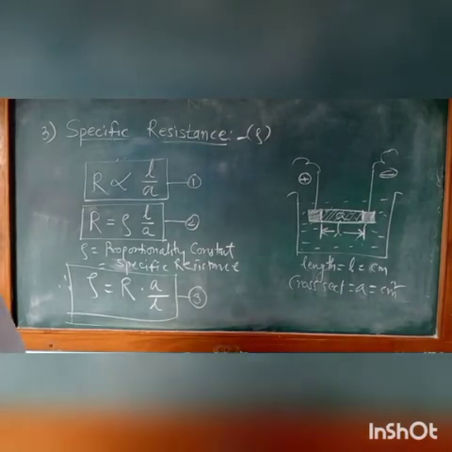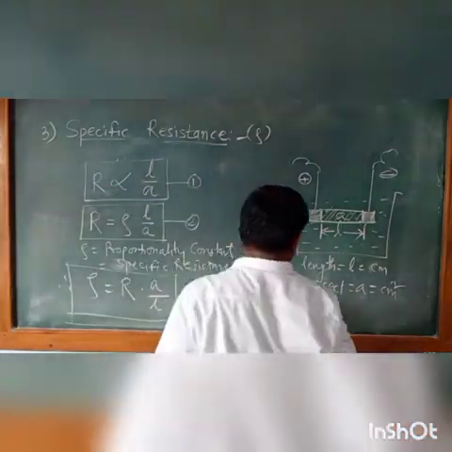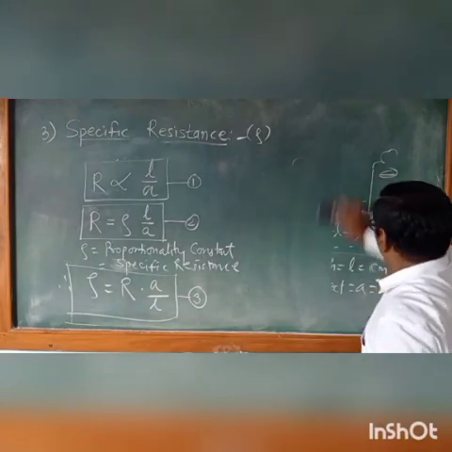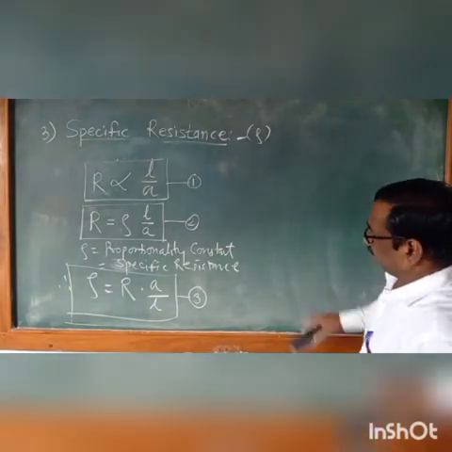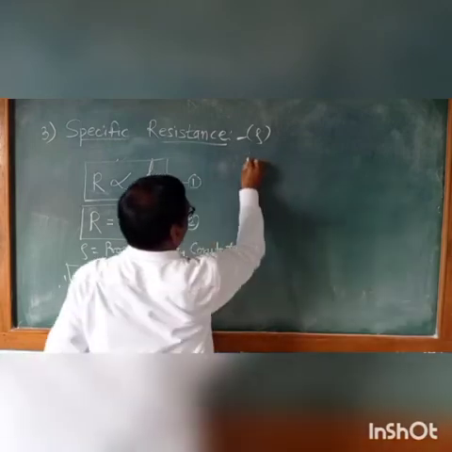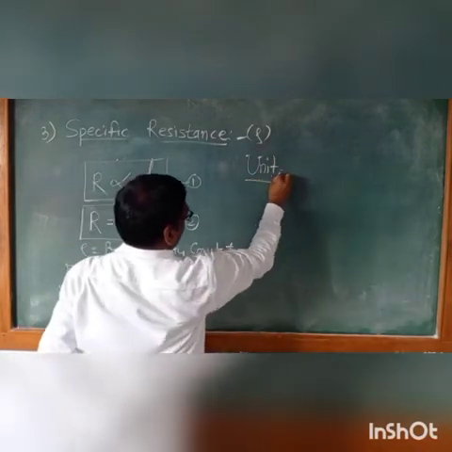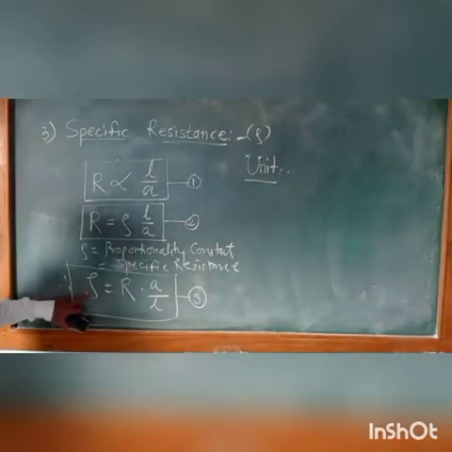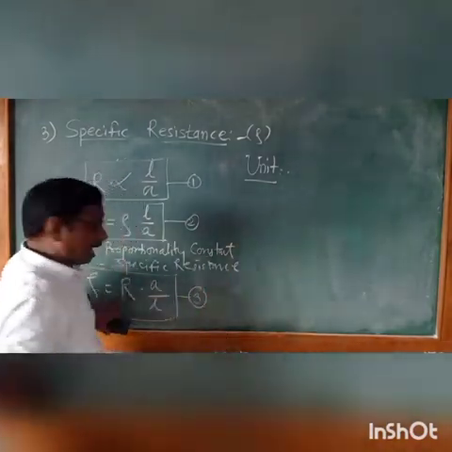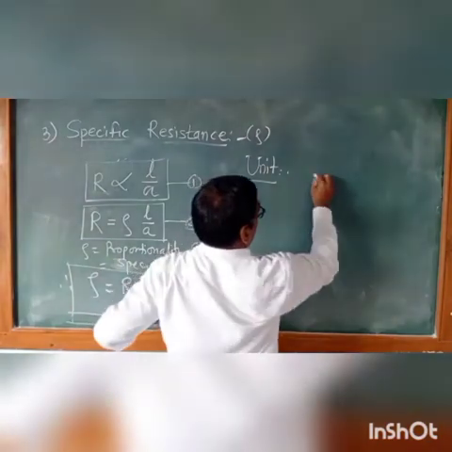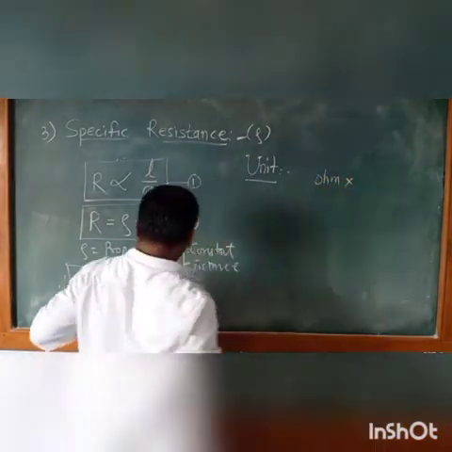Now, what is the unit of this? Unit for specific resistance, so the unit for rho. R is measured in ohms.